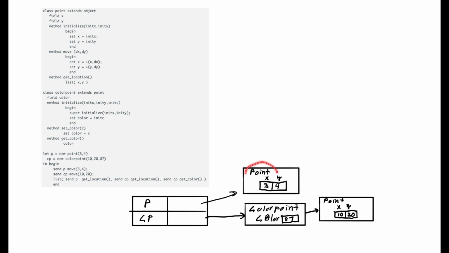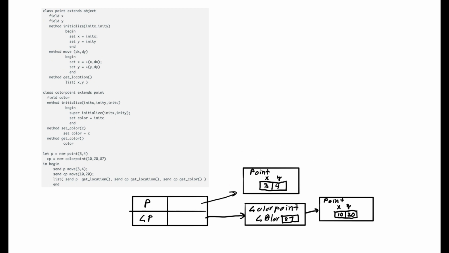Whenever we call a method on point, we'll go to our class environment that has all of our classes, and we'll look for a class named point. And once we find the class named point, then we'll look for the move method inside of that class, and we'll find this class. Now what we need to do is create an environment, and if you remember, the environment has all of the variables that are in scope.